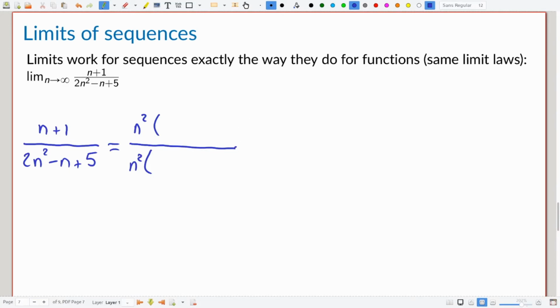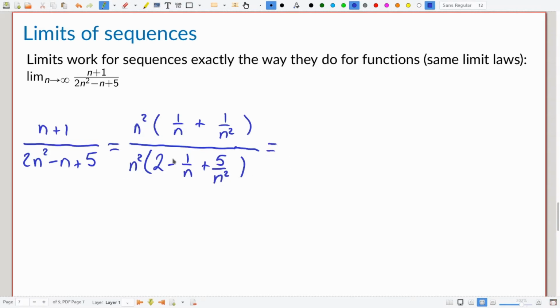And the reason we're doing this is that this is an infinity over infinity form, so we can't conclude directly. And so here we get 1 over n plus 1 over n squared. And in the denominator, we're going to get 2 minus 1 over n plus 5 over n squared.